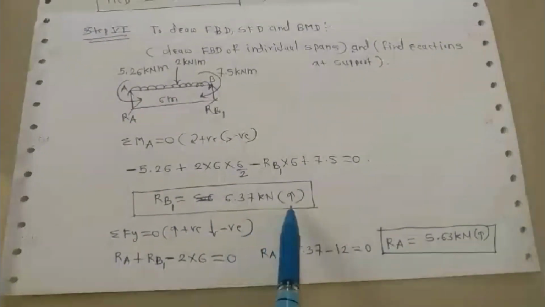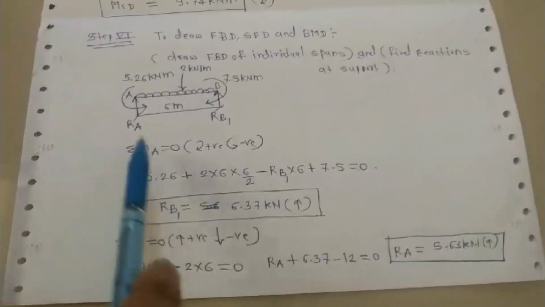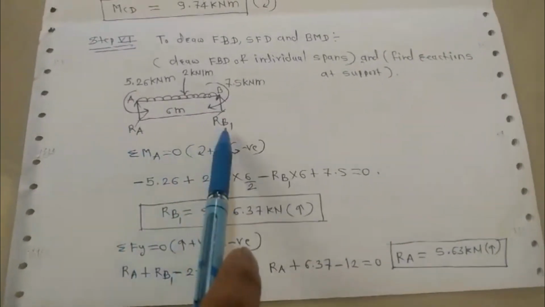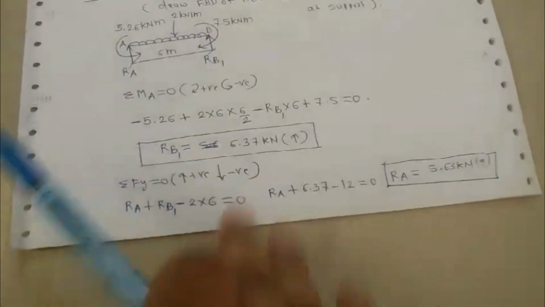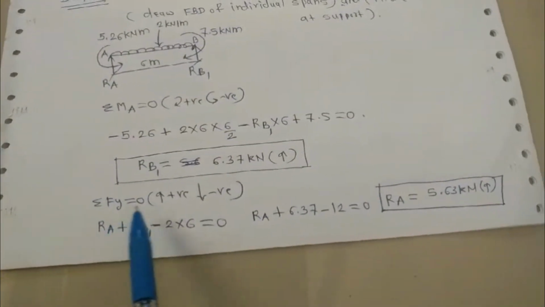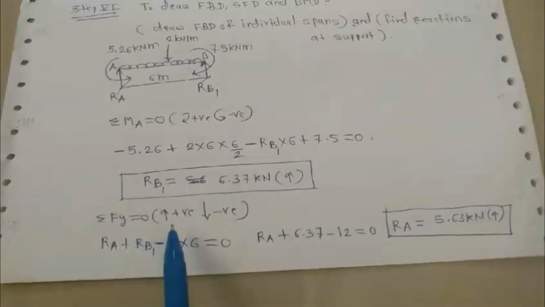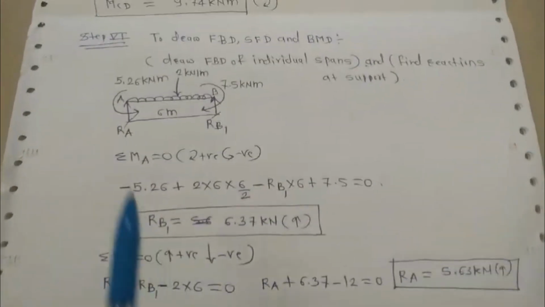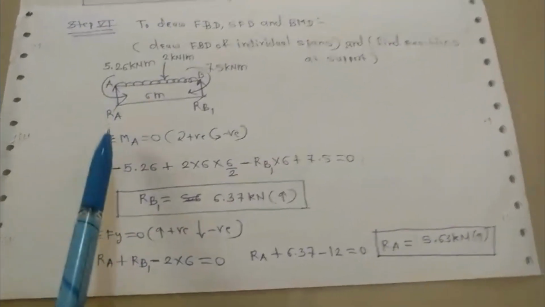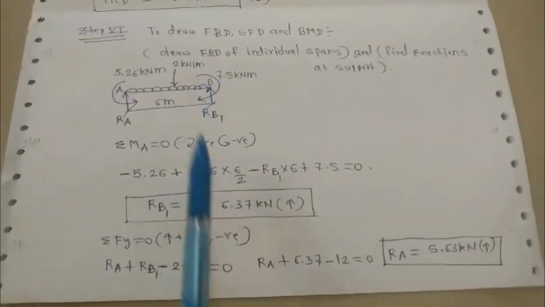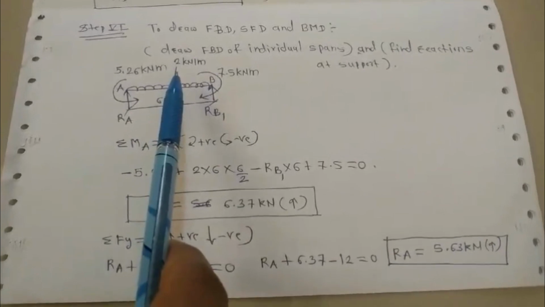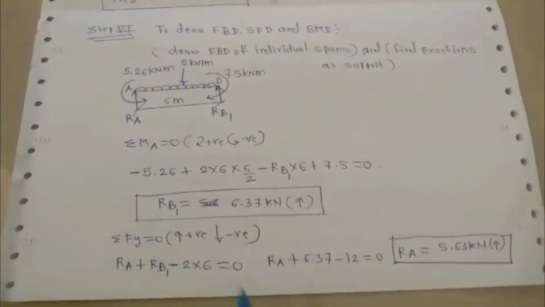The answer is positive, hence our assumed direction, that is upward direction, is correct. So RB1 assumed direction is correct. Now by applying the second equilibrium condition, that is summation of Fy is equal to 0, considering upward positive and downward negative, you will get RA plus RB1, that is upward, minus the intensity of UDL 2 into span 6, minus 2 into 6, acting in the downward direction.